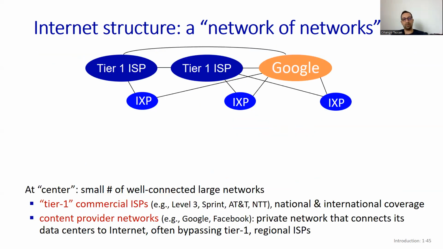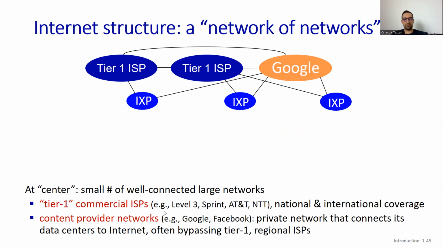So the picture turns into something like this. At the center, a small number of well-connected large networks. These tier 1 ISPs are huge companies. I think there are a dozen or so, like AT&T and so on. They connect ISPs to each other. But there are also companies like Google who have their own network.